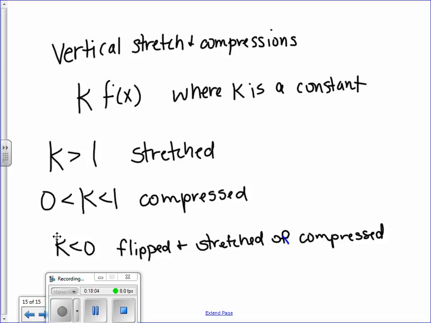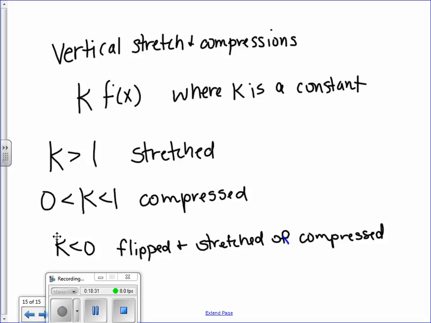See that blue one? That's stretched, right? It looks skinnier, okay? It looks like, well, that one looks smaller, so why is that? Because it's times 2. It's getting where it's supposed to be faster. I've doubled how fast it's getting to where it's supposed to be.